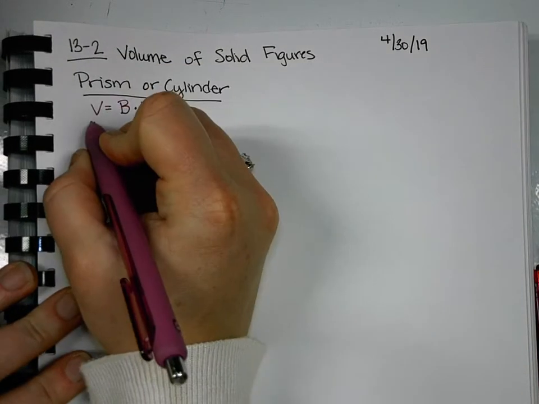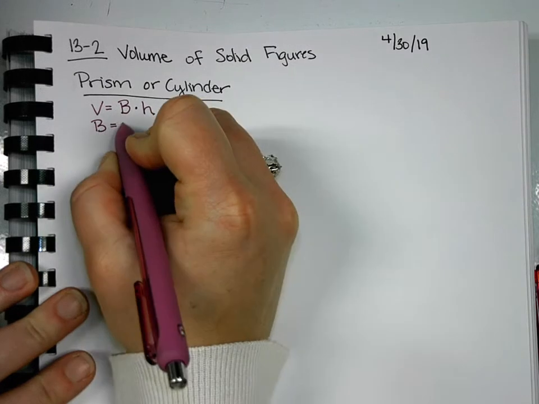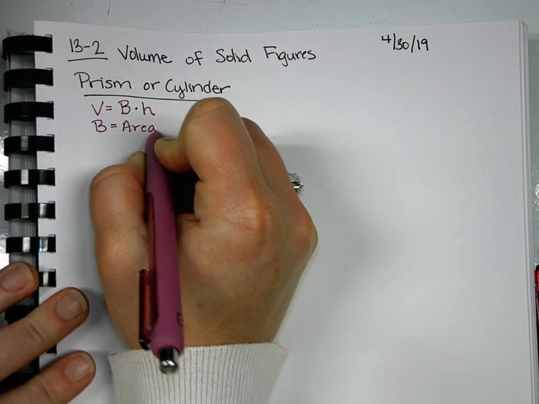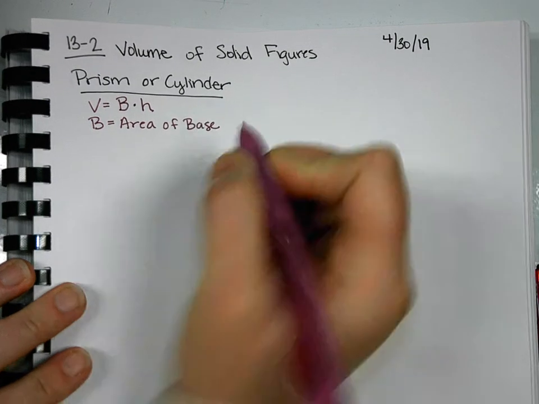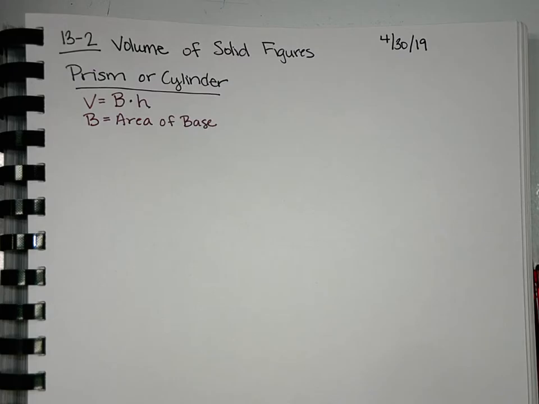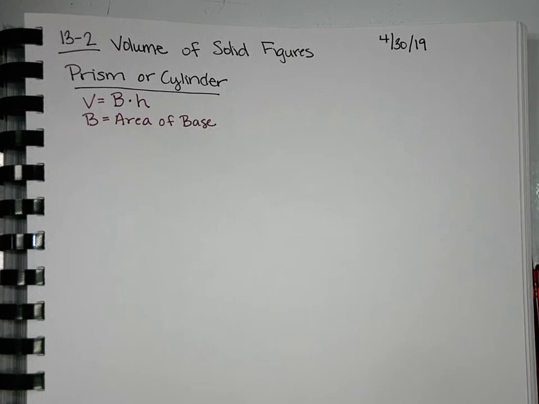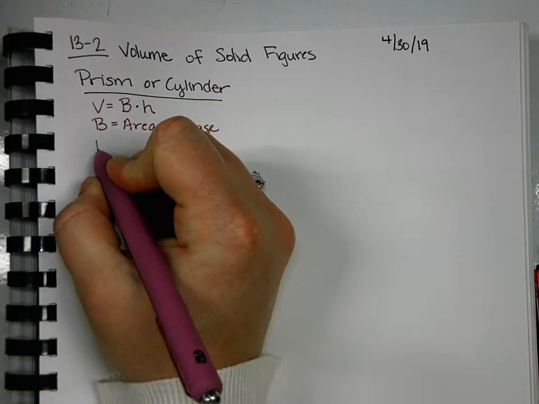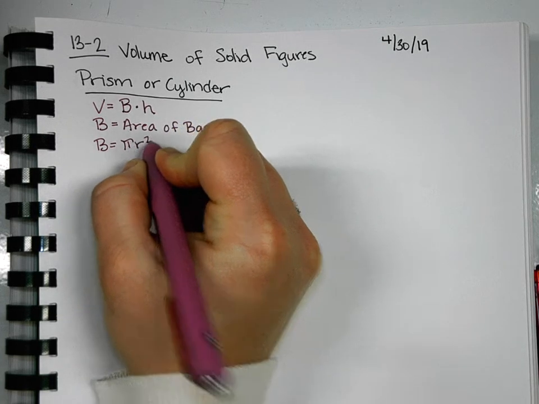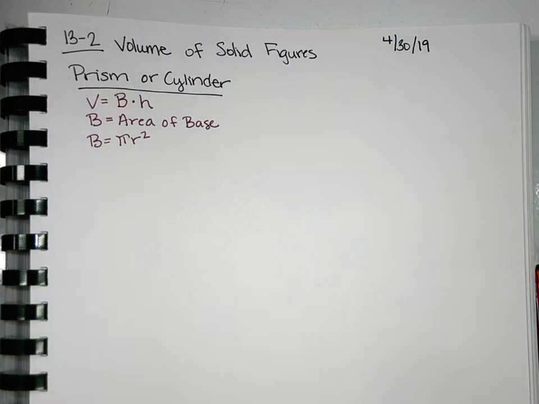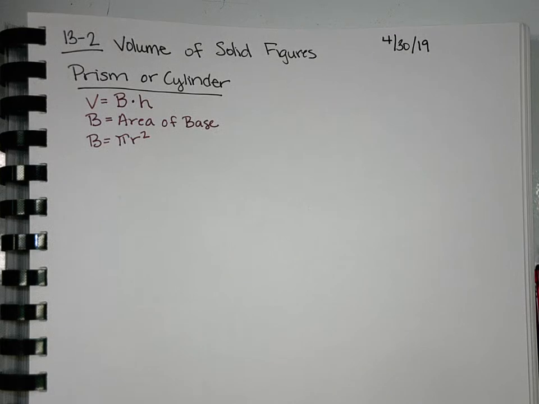Now big B is equal to the area of the base. Because if we remember from Friday, in a cylinder, we have 2 bases. And what shape is that base on a cylinder? It's a circle. So if we're talking about a circle, we would use pi r squared as our formula for big B. What if we had a triangular prism?